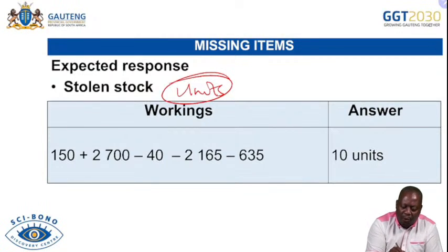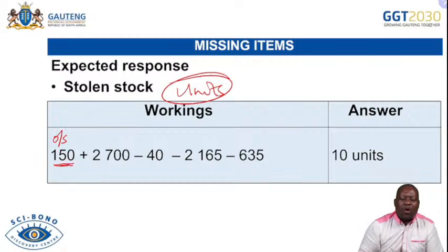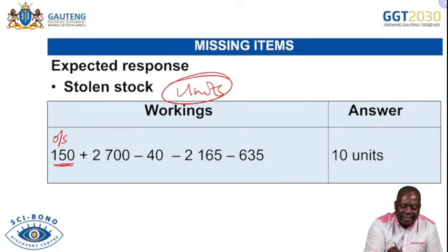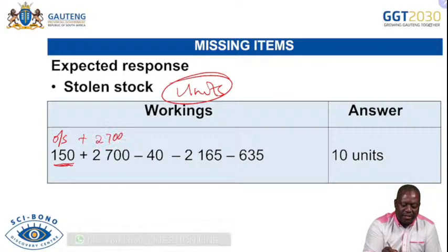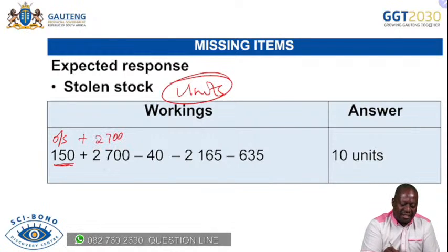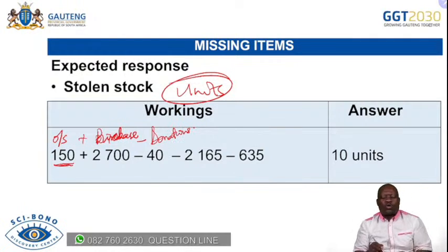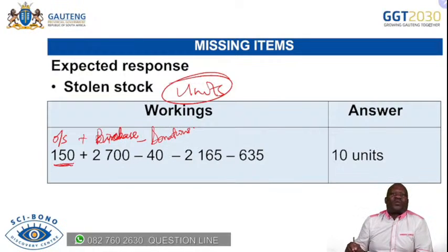We started with how many units? 150 units. This is our opening stock. And then we added 2,700. What is this? These are purchases. And then we donated 40. These are donations. Now we go on to try and say, where are the rest of the units?